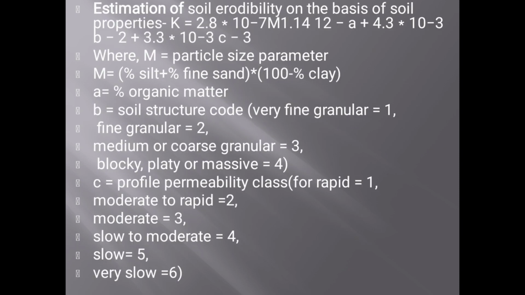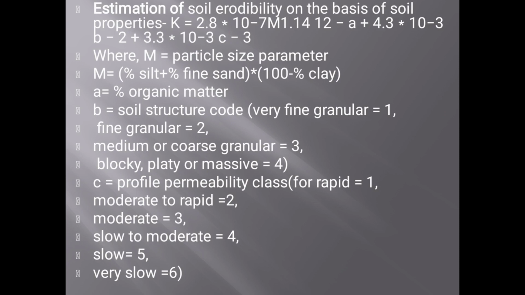For estimating soil erodibility on the basis of soil properties, K is equal to 2.8 into 10 to the power minus 7 into m to the power 1.14 into (12 minus A), plus 4.3 into 10 to the power minus 3 into (B minus 2), plus 3.3 into 10 to the power minus 3 into (C minus 3). This is the equation used for calculating the soil erodibility factor. Here m denotes the particle size parameter, the percentage of silt and very fine sand times (100 minus percentage of clay).